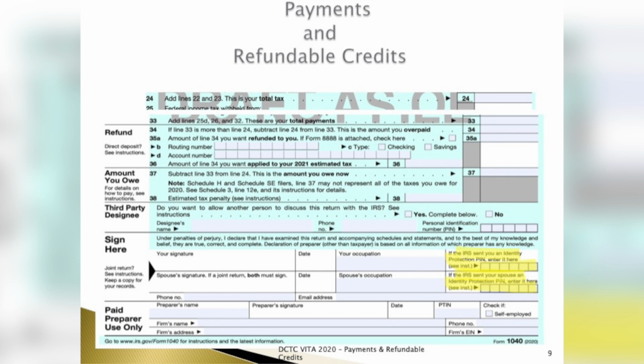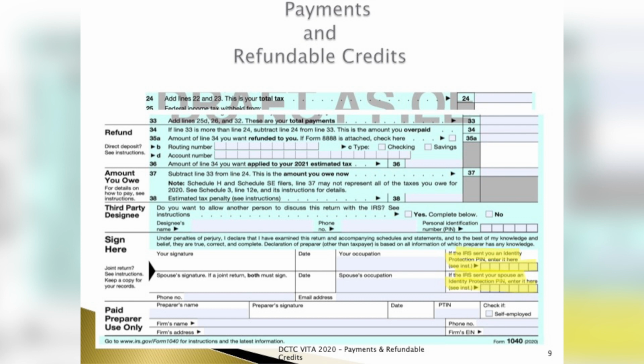But what about the balance due issue, where the taxpayer owes the IRS because they didn't have enough credits to take care of the tax amount? Line 37. Once again, we return to lines 33 and 24. If line 33 is less than line 24, the taxpayer has a balance due.